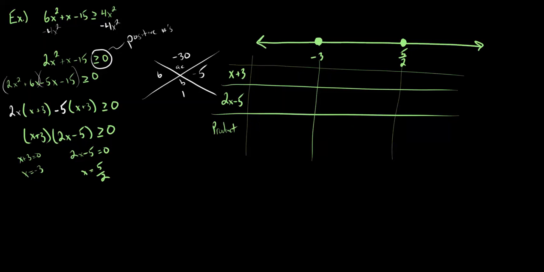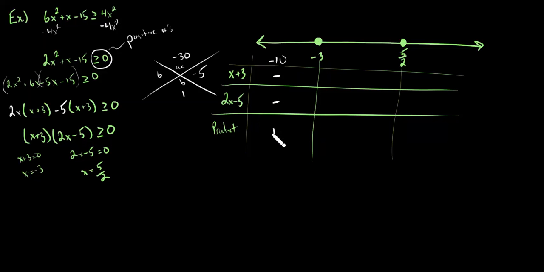Just like last time, we're going to pick test points and test it out, except this time, since we want to be greater than or equal to 0, we want the positive answers. Let's say I plug in any number less than -3, like -10. I'd have -10 plus 3, which is negative, and 2 times -10 is -20, minus 5, which is negative.